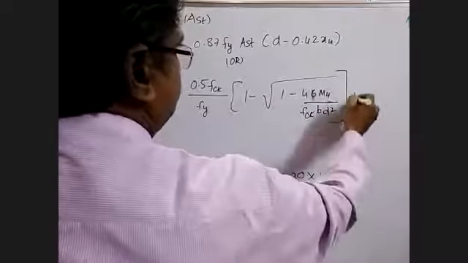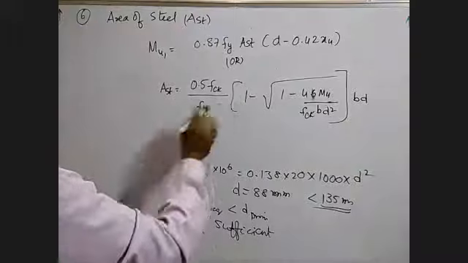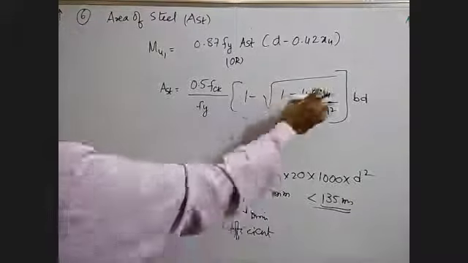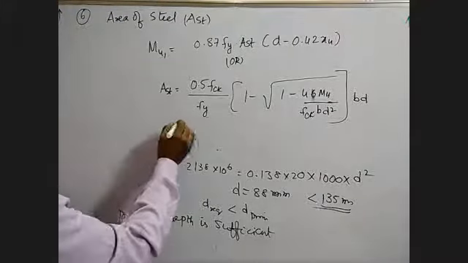Since we are directly using AD, use BD. This is the PT value. Then 100 into PT into BD gives AST.